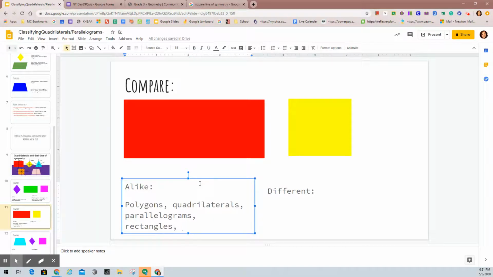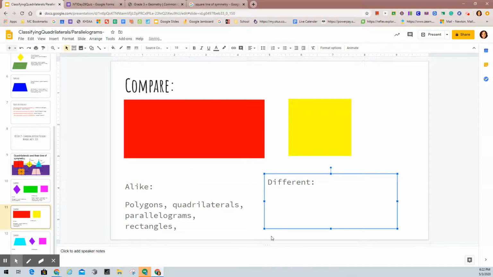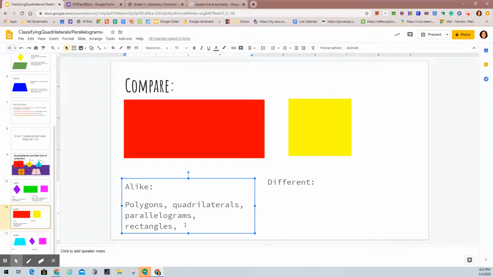Do they both have acute angles? They do not have acute angles. Or do they have obtuse angles? No, they do not have obtuse angles. Do they have right angles? They do have right angles, which means they have perpendicular lines. And that would be how our shapes are alike.